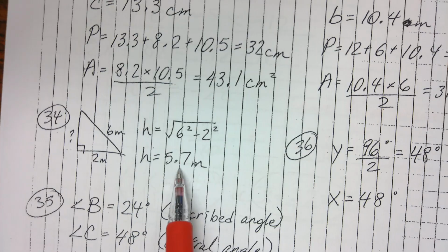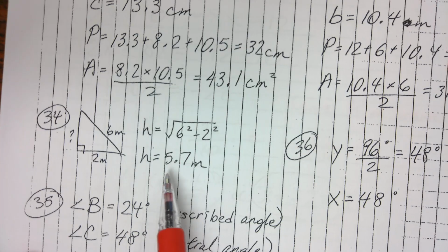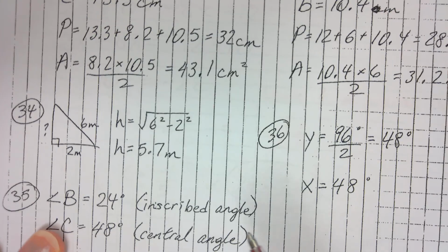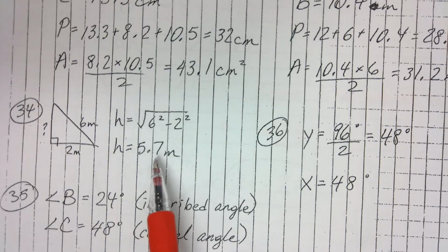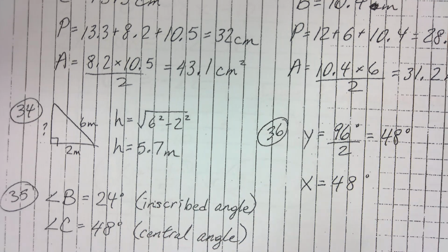Now it's asking if it's safe or not. But I didn't show the hint on the photocopy. The photocopy was supposed to say, for example, if it's 6 meters high, then it's safe. Under 6 meters, it's not. Then in this case, it's not. So I forgot to show the hint, so don't worry about it.